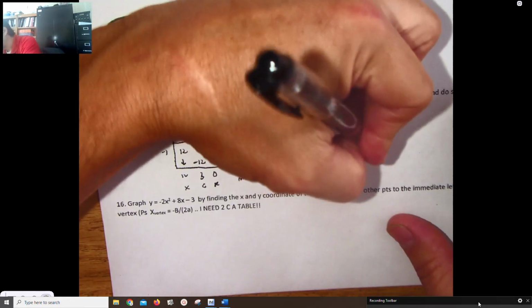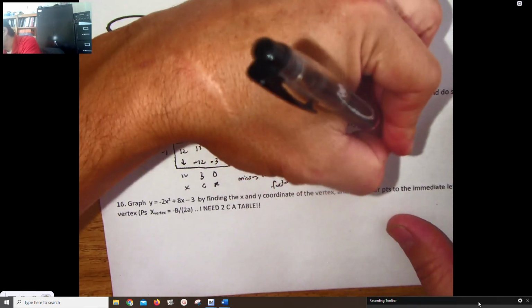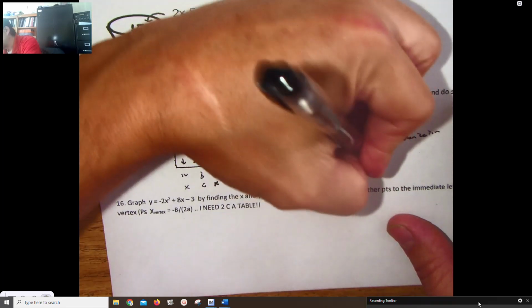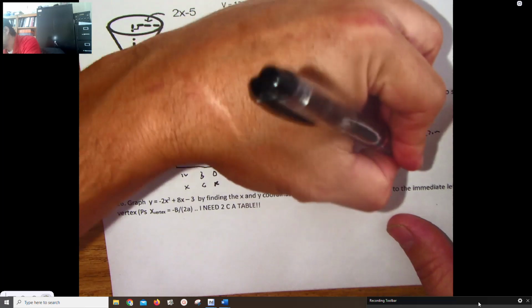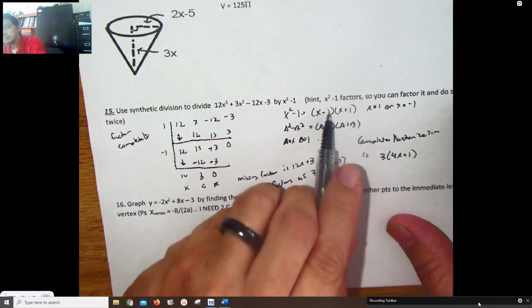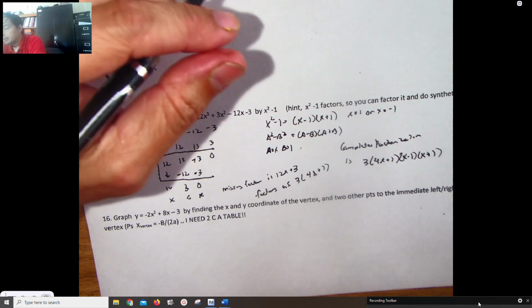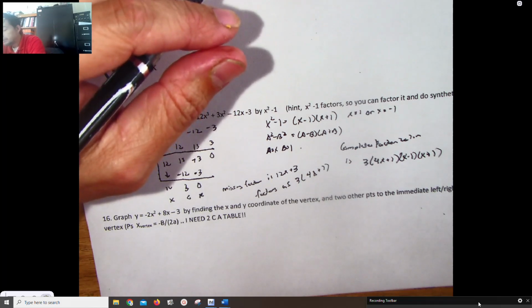So my complete factorization is 3 times 4x plus 1 times that stuff right there. x minus 1 times x plus 1. That's my complete factorization. A lot of kids are probably wondering what a complete factorization is.